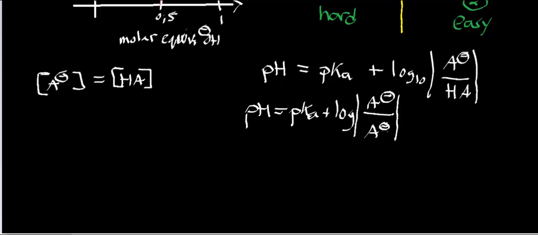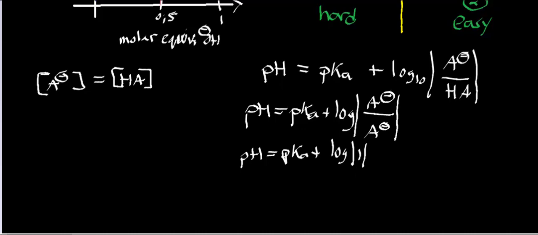I could have done it the other way around, replacing the A minus with HA, but notice what you get: the pH is equal to the pKa plus the log of 1. And I can drop the absolute value signs because concentrations are always positive.